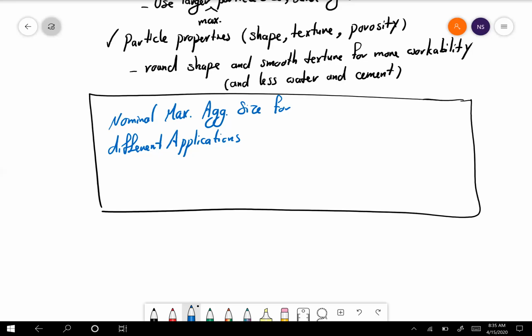Okay, so I was talking about the nominal maximum aggregate size for different applications. Again, it's based on what type of dimensions you're looking at. You have different applications, and it's mostly based on the spacing between the rebars.